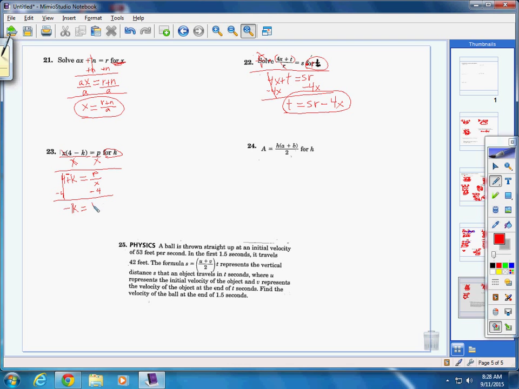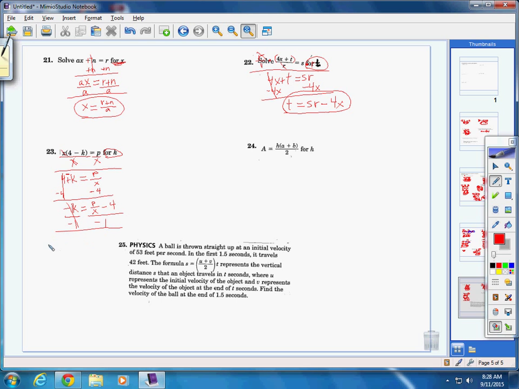On the right side, we still have p over x, and from that whole number, we are subtracting 4. Last step, we need a positive k, positive 1k. So let's divide by negative 1. Same thing over here, divide by negative 1.